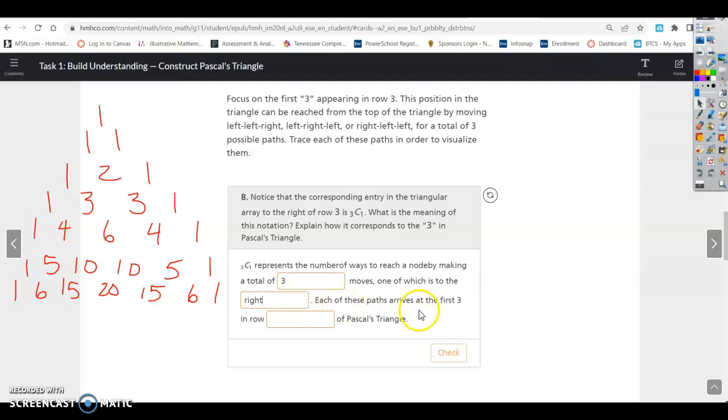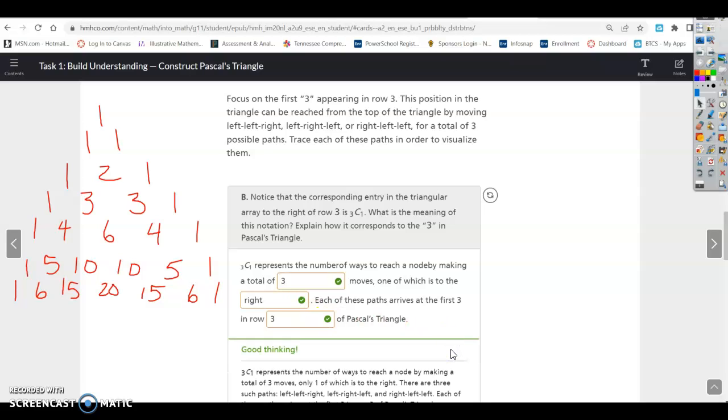Each of these paths arrives at the first 3 in row 3 of Pascal's triangle. All right, so again, they're just trying to get you to think about what row 3 combination position 1 means to get to this position. 1, 2, 3, row 3, position 0, position 1, 2, 3.